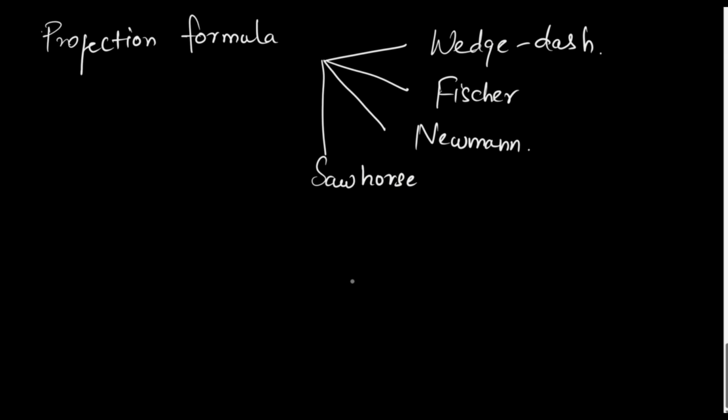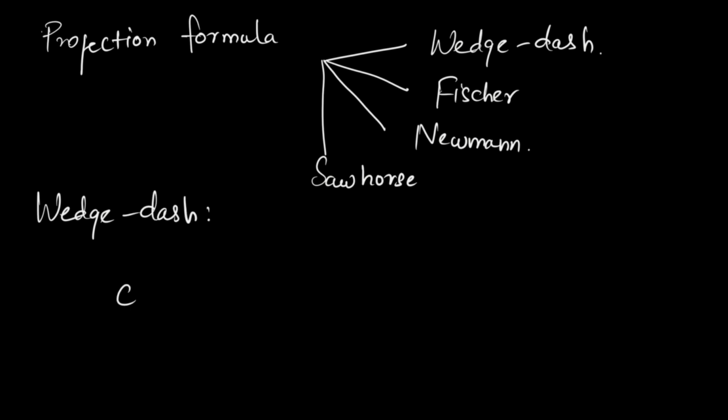First, what is wedge dash? Wedge dash is writing it with the three-dimensional system. Let me write it here, carbon.